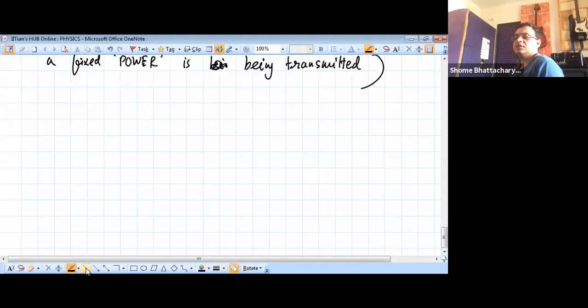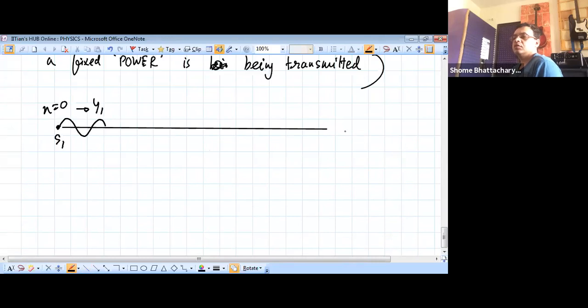So what is happening is in your string, in the model that we have taken so far, your source S1 would be somewhere over here at x equal to 0, creating these waves y1, and at a different position, let's say x equal to L, your source S2 would be there because it's creating waves in the opposite direction.